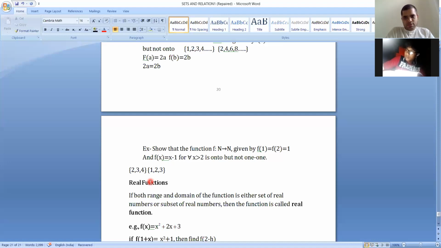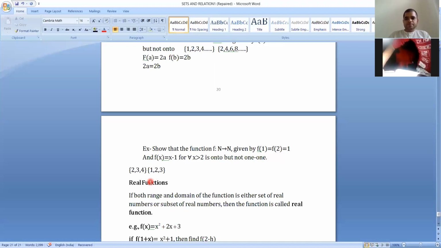One image of 3 is 1, and there is another set also, 3 comma 2. So 3 has got 2 images.